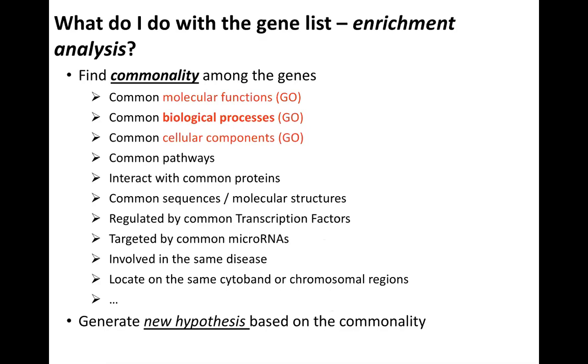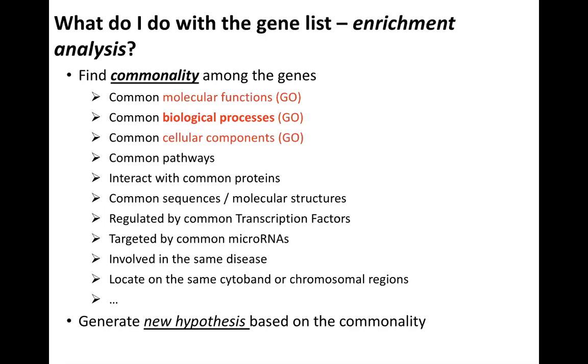Or maybe they are all known to be related to some diseases or abnormalities. Or maybe in many cases, especially in cancers, those genes are on the same chromosome region. That's essentially, there may be a common copy number variance or something related to them to show the same behavior.